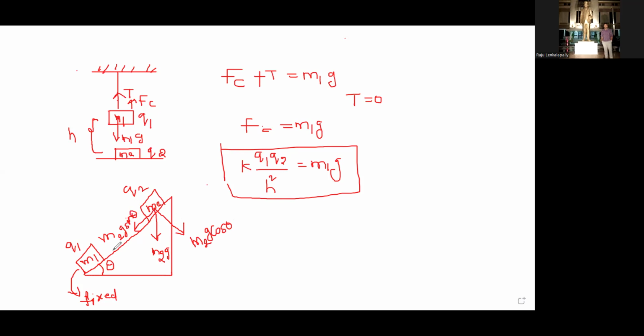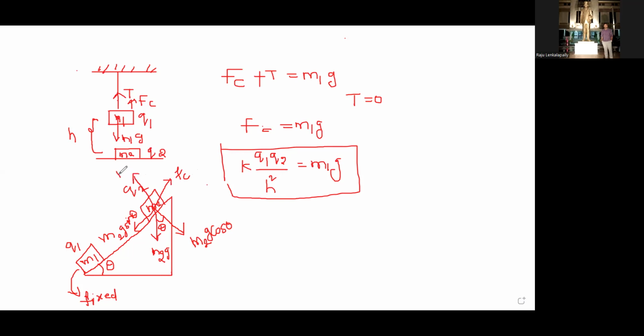How can I write this? Because theta is here and theta is there, the adjacent side is cos theta and the opposite side is sin theta. One more force is due to Q1 and Q2, a repulsive force Fc, and one normal force is acting normal to the surface.